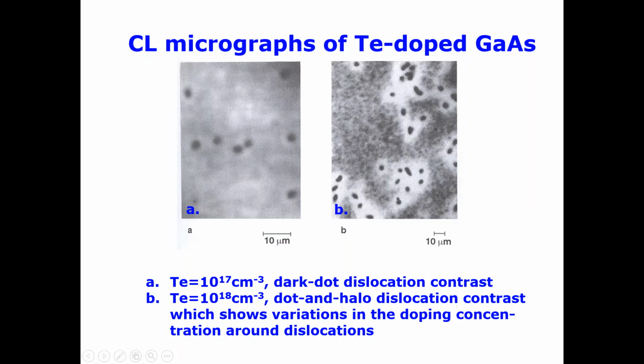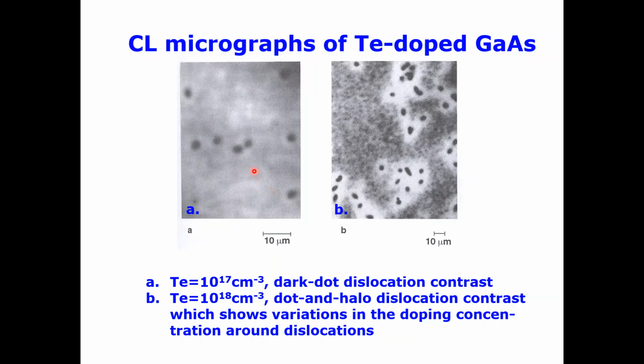Here in this figure you can see a CL micrograph of tellurium-doped gallium arsenide. A and B are basically the CL micrographs of tellurium-doped gallium arsenide. In sample A, the tellurium concentration is 10 raised to power 17 per cubic centimeter.